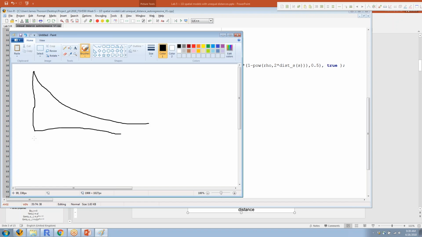We talked about how we're not really going to talk about the sill and the nugget in this class very much, but the semi-variance function for that exponential correlation function looks like this, where it accumulates and goes to an asymptote. And the asymptote of that is sigma squared. So if that doesn't make it clear, I don't know.